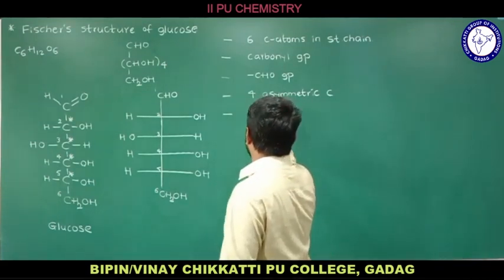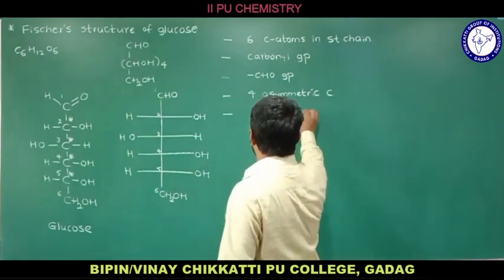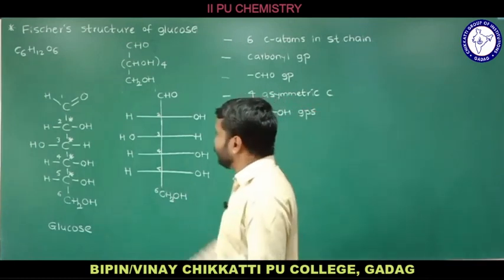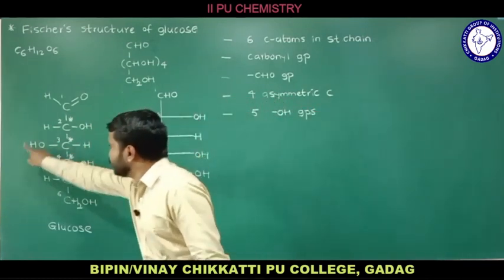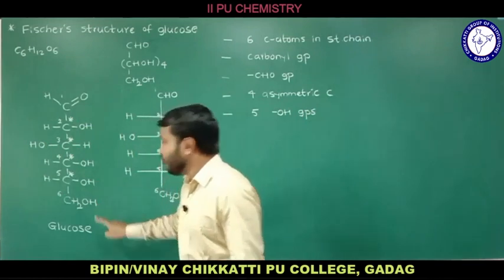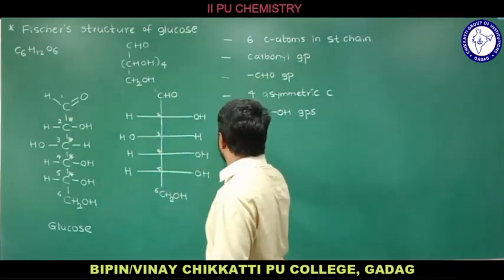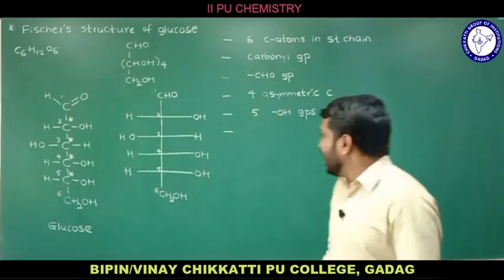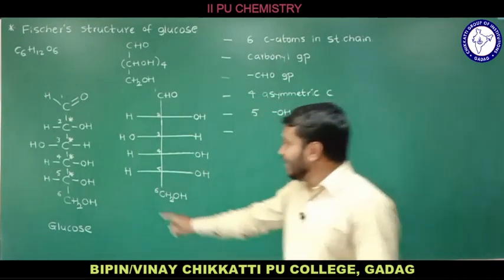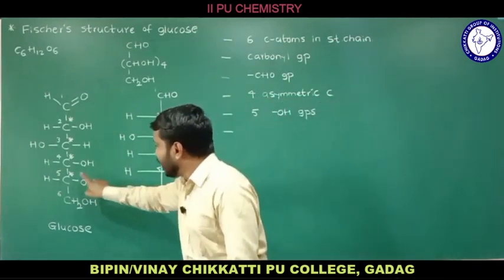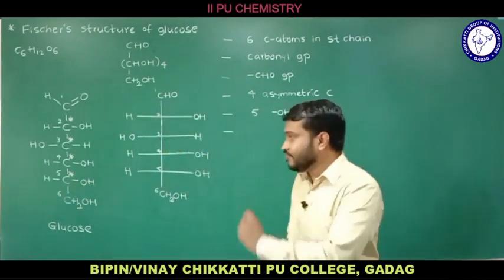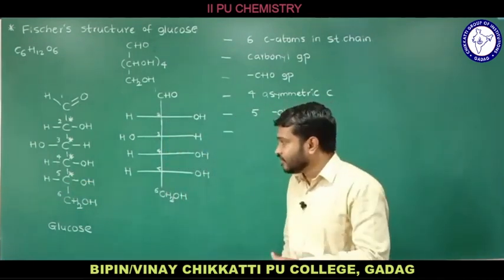That is the experimental proof. Just count 1, 2, 3, 4, 5. All the OH groups are attached to carbon, and that we call an alcoholic functional group.